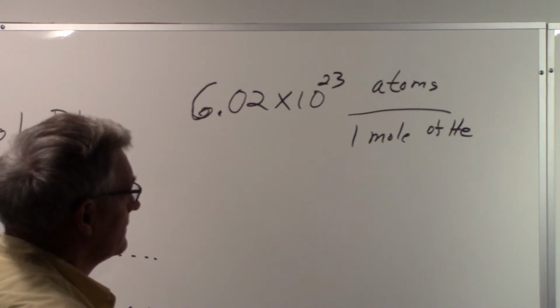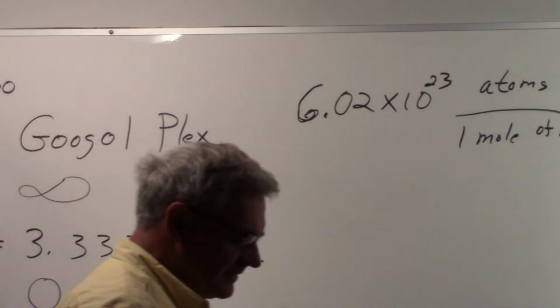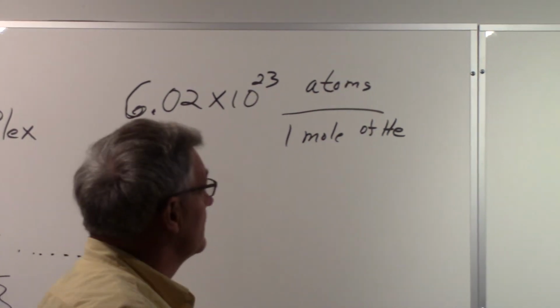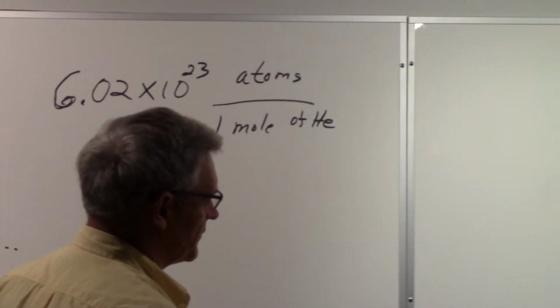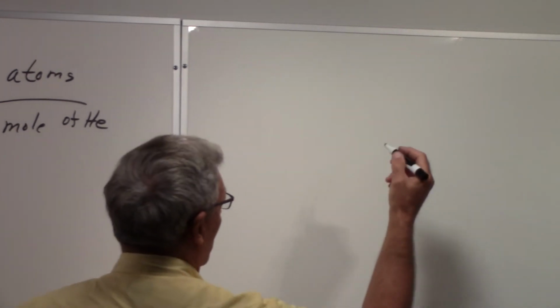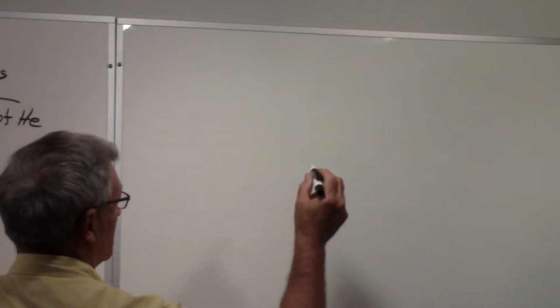And Carl Sagan used to talk about the number of stars in a galaxy. And the number of stars in a galaxy is 100 billion. So that's 100 times 10 to the 9th, which is 10 to the 11th.